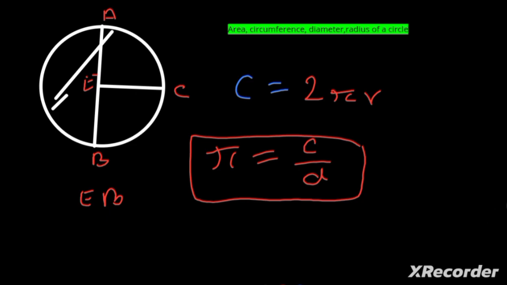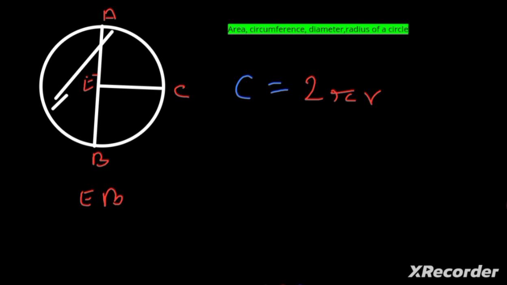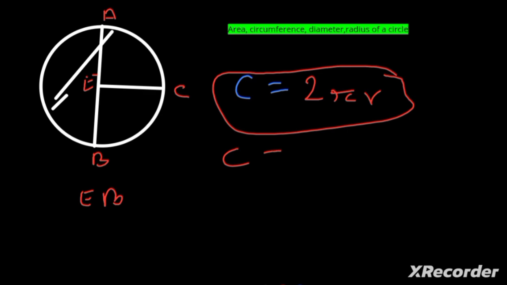So we have learned about pi, so we should discuss the formula of the circumference of the circle. Circumference equals 2 pi r, meaning c equals 2 into 3.14 into the radius. So we can calculate it. For example, the radius of this circle is 1 unit, or 1 centimeter we can say.